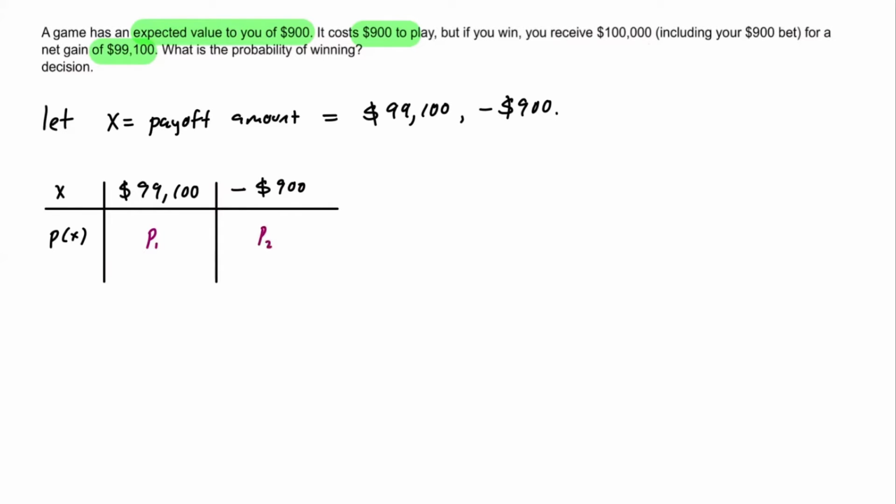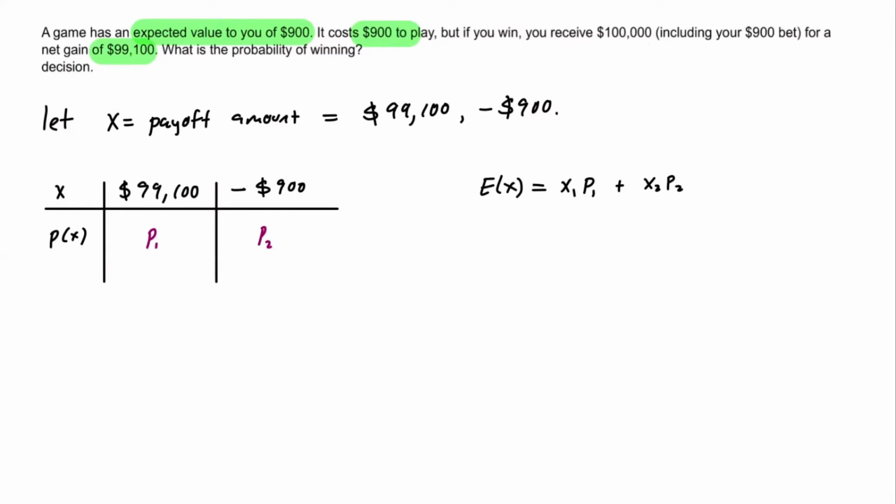Let's call that P2. So here's where you're going to create two equations. The first equation is the one for expected value. We know that the expected value of x is given by x1 times its corresponding probability, plus the next value of x times its corresponding probability, and so on. Since we only have two different values of x, we can stop our equation right there.